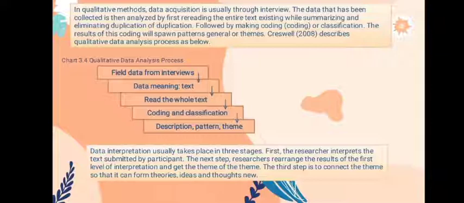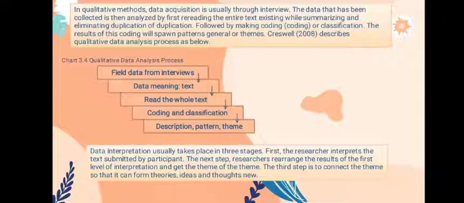The first, field data from interviews. Next, data meaning text. Next, read the whole text. And then, coding and classification. And then, description, pattern, and theme. Data interpretation usually takes place in three stages.